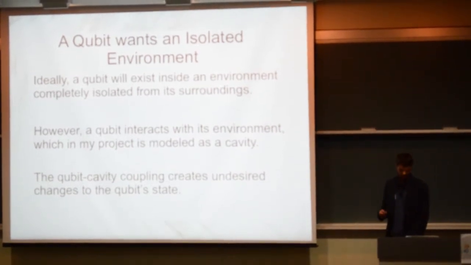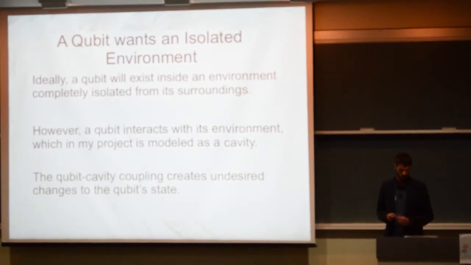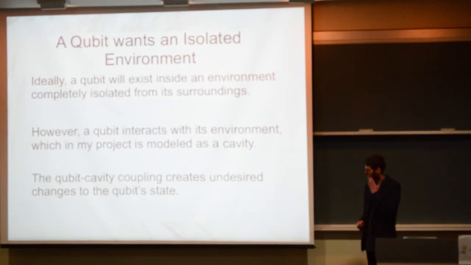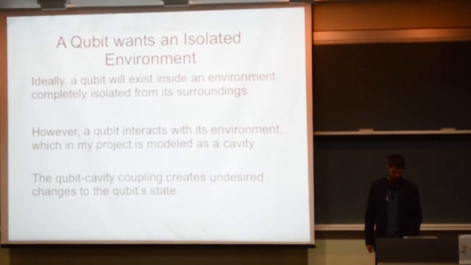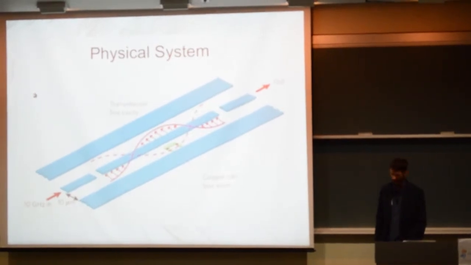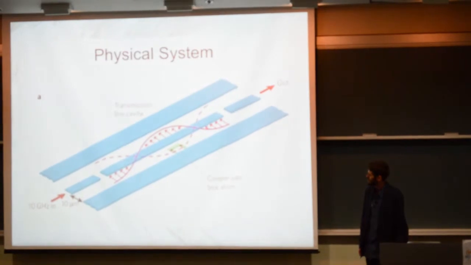And this qubit-cavity coupling, the coupling being this interaction between them, will create undesired evolution, and so it will change the qubit state over time in a way we don't want.